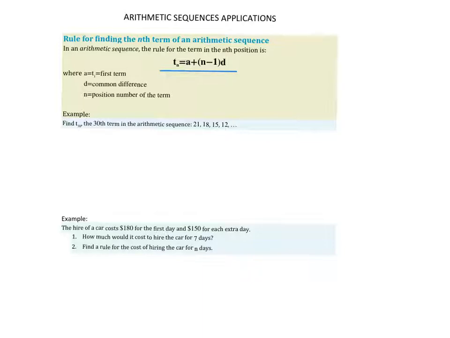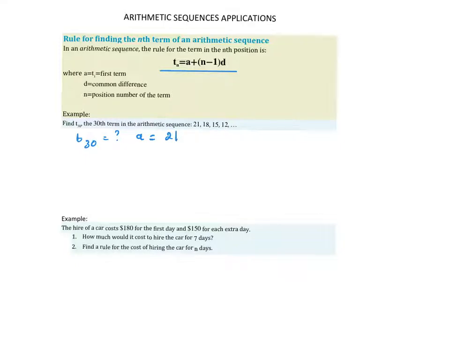This question says find T30, the 30th term in the arithmetic sequence 21, 18, 15, 12. Let's get some information there. So we're looking for T30. Now what do we have? We have the first term, and we know the first term is a, which is 21.